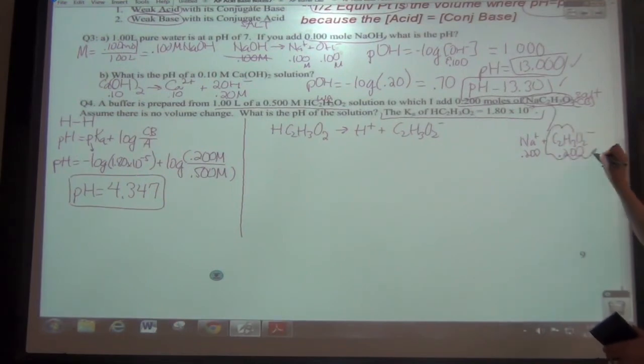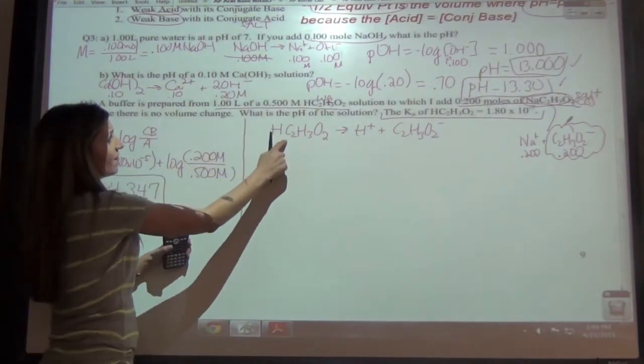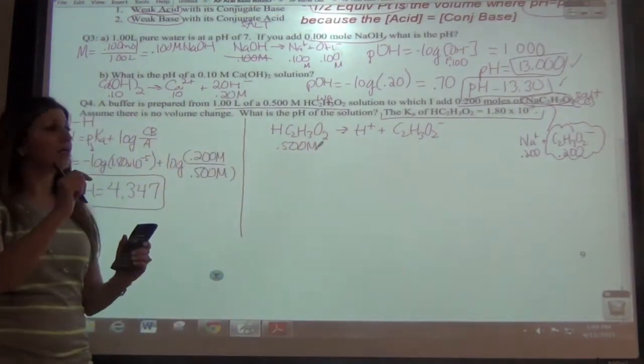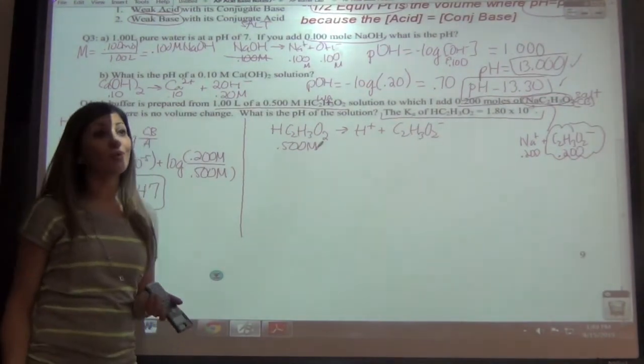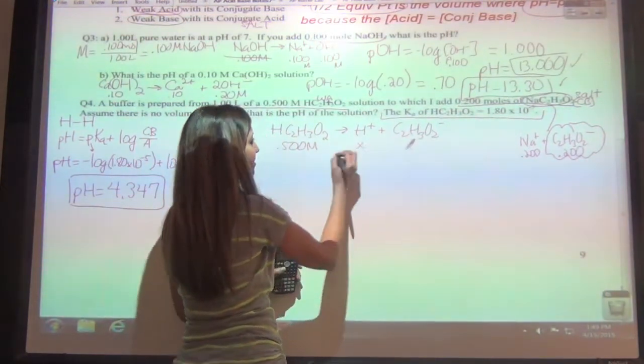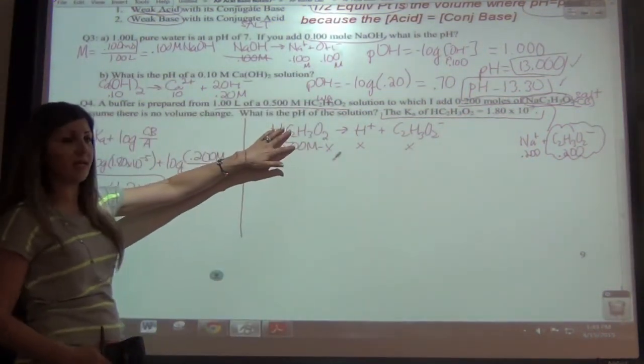And this matters to us because in this case here, we have a 0.5 molar of this. 0.500 molar, yes? How much is splitting off? We don't know. So what do we call it? We call it X. And that's X, and that's X, and this is 0.5 minus X, right? Because this is going to dissociate.